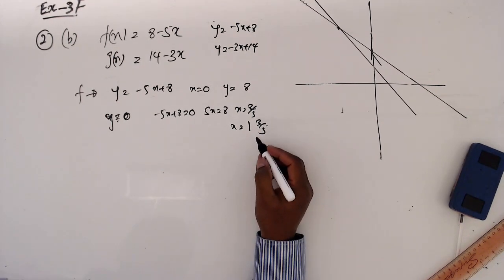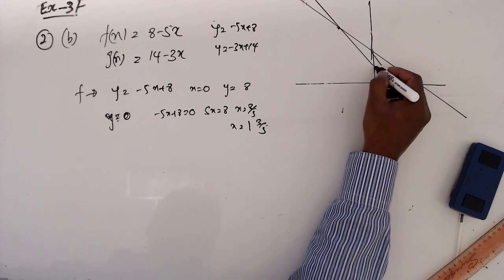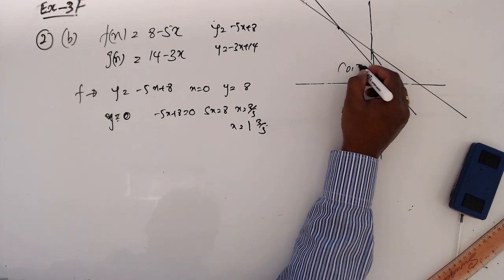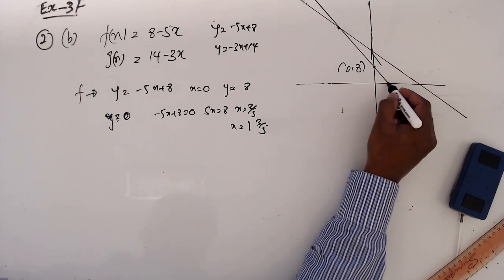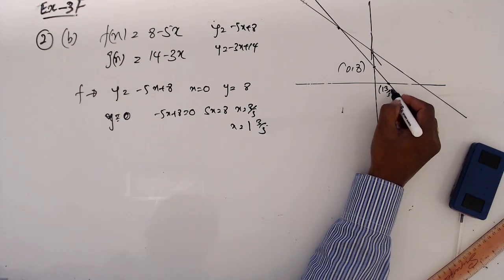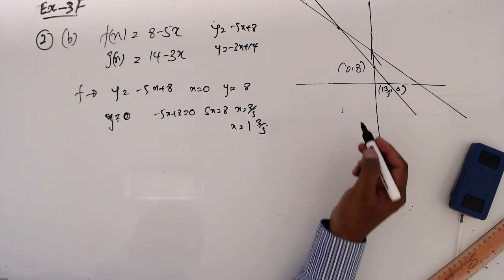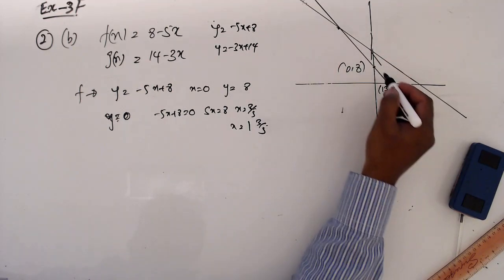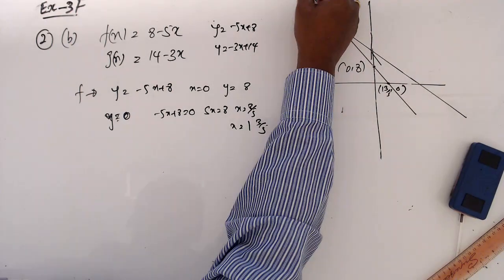So this is 0, 8, and this is 1 and 3 over 5, 0. So this is going to be the f curve, f(x).